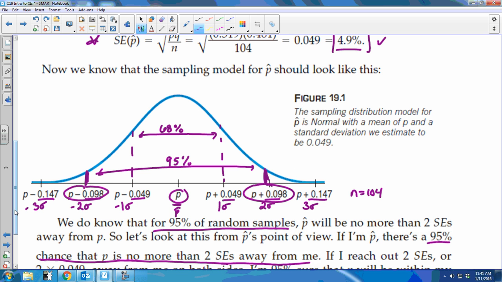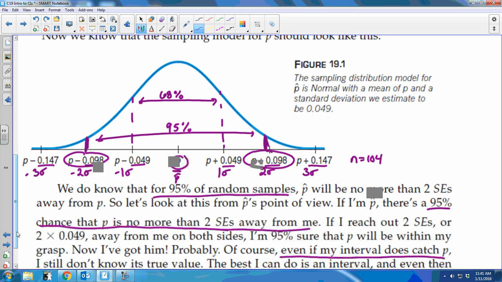I know that 68% of my data is within one standard deviation, right? 95% is within 2. Okay? So some things you could talk about from this sampling model is, you know that 95% of random samples would be no more than 2 standard error away from P. If we knew what P was, that would be true, right?